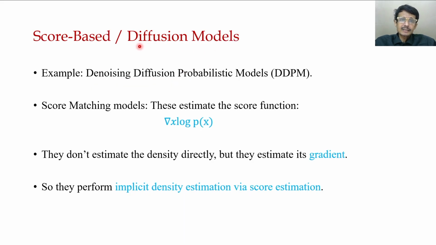Now the final thing is diffusion models, score-based models. The example is denoising diffusion probabilistic models, DDPM. Here this score matching model estimates the score function, that is the gradient of log p(x).